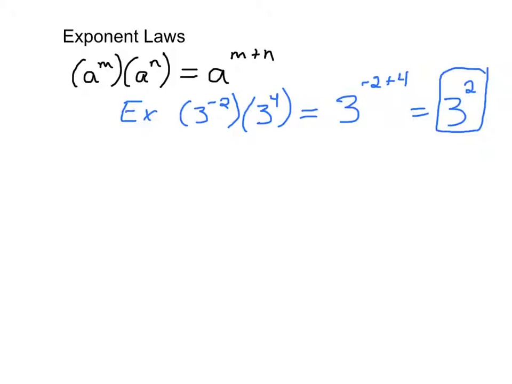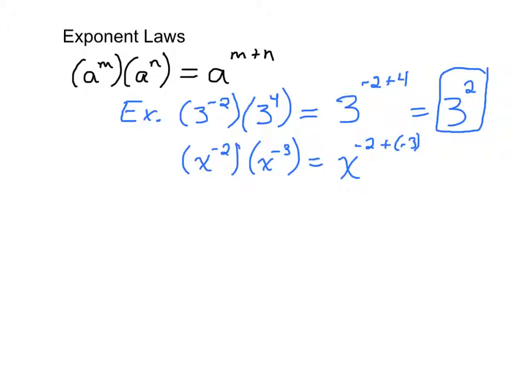Another example that we can look at, with variables, is x to the -2 times x to the -3. Again, we have two powers with the same base, and they're being multiplied together. So we keep the same base and add our exponents, so -2 plus -3.